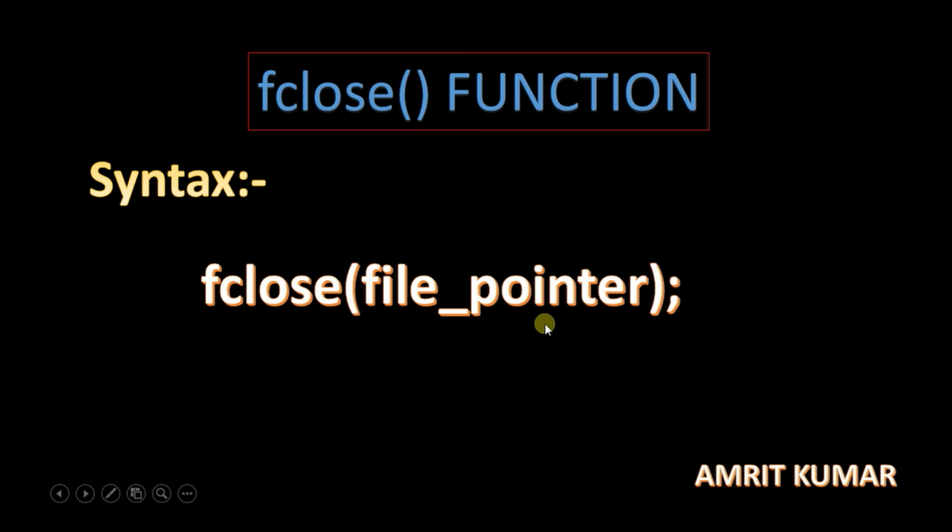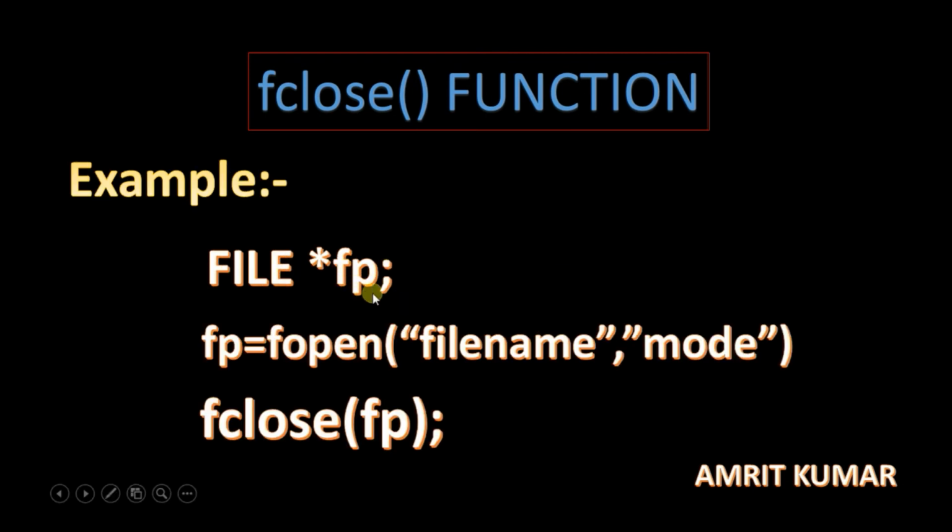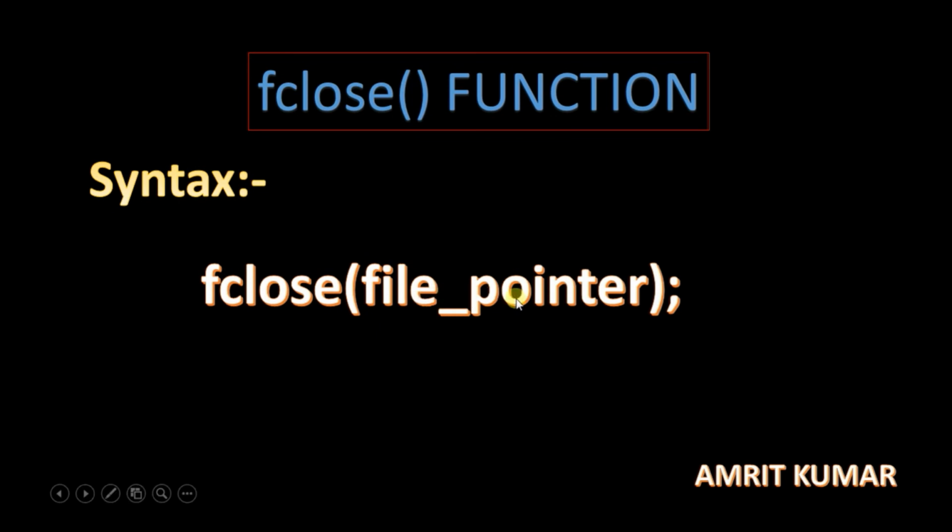I have told you about the file pointer. This is a pointer whose type is FILE. So you need to specify the file pointer here. This is the syntax part.